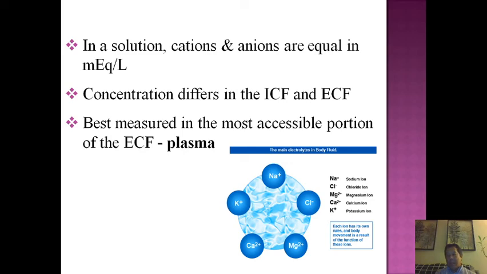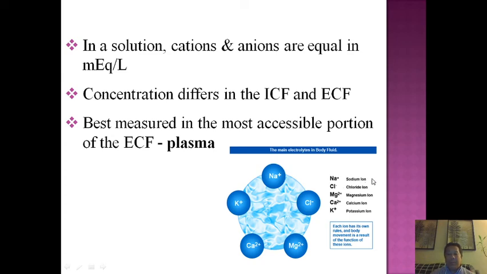Therefore, we can deduce or assume how much electrolytes are actually inside the cells, be it a cation or an anion.